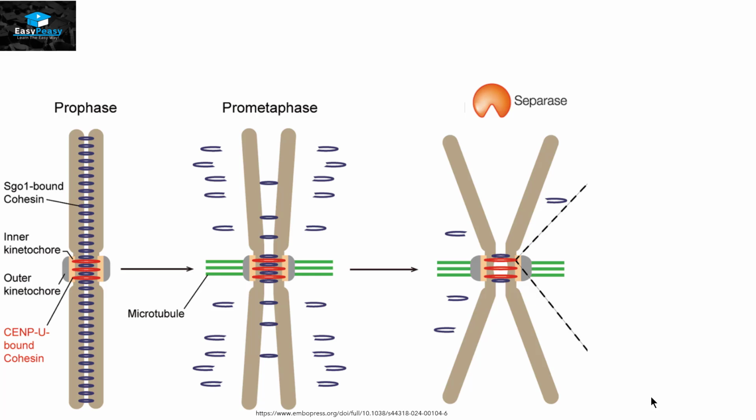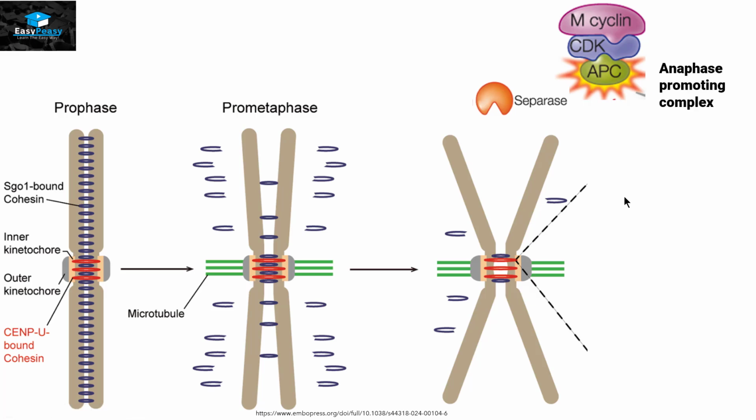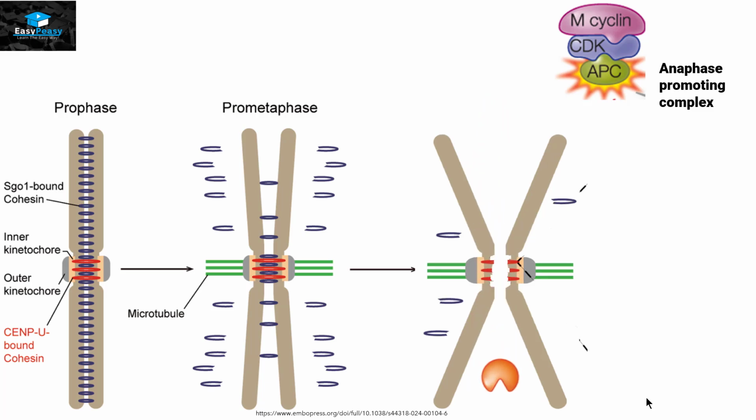This enzyme gets activated when the M-cyclin protein attaches with CDK, and the CDK attaches with APC, the anaphase promoting complex. As a result, separase degrades the cohesin protein like this, and now the chromatids are free to go towards their poles.